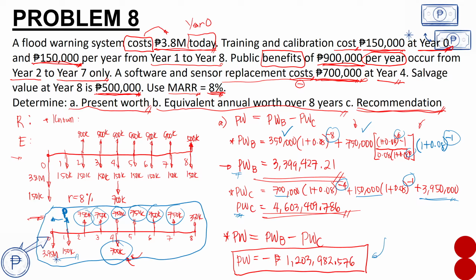So we use the present amount calculation and the calculation of the present worth of a given annuity for both the benefit and the cost, and then we subtract the present worth of the cost from the benefit, and then afterwards we examine if we have performed correctly. We check if all known information has been used in this problem, if the number of years was used correctly, and if we have used the correct sign convention.